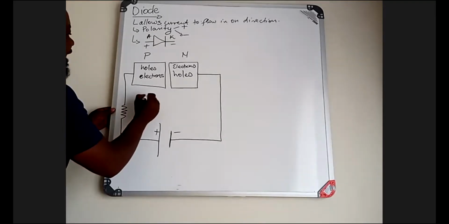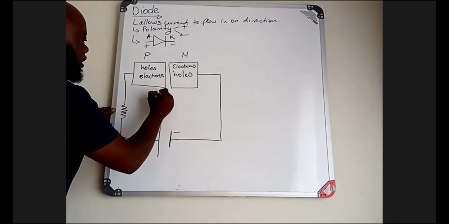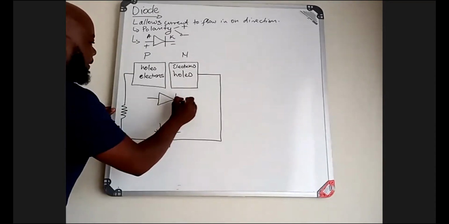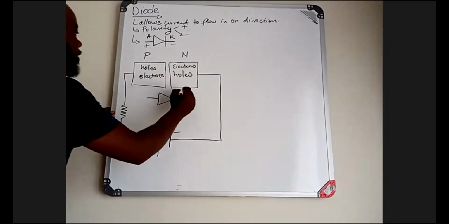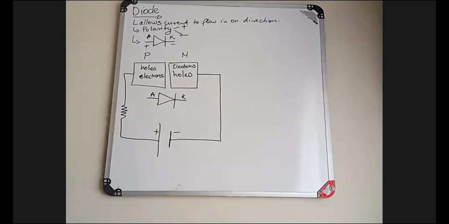So in terms of the schematic symbol of an electrical circuit connection, this is how your diode is going to be connected.